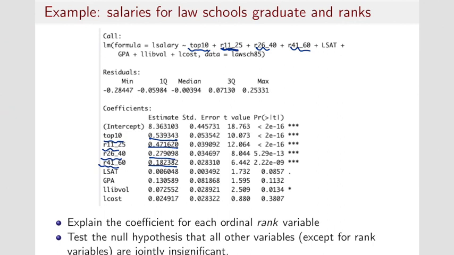Based on the estimation results, we can answer questions like whether the top 10 law schools will generate the highest marginal return for the salary compared to the other law schools, or we can also test the null hypothesis that all other variables except for the law school ranks are jointly insignificant.